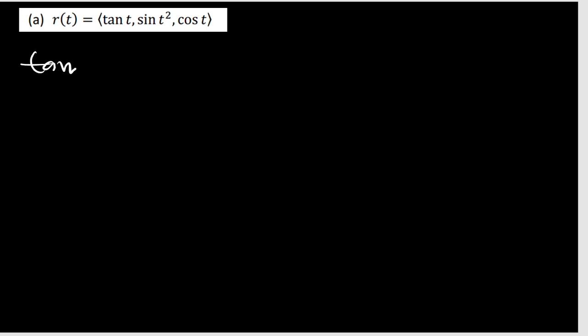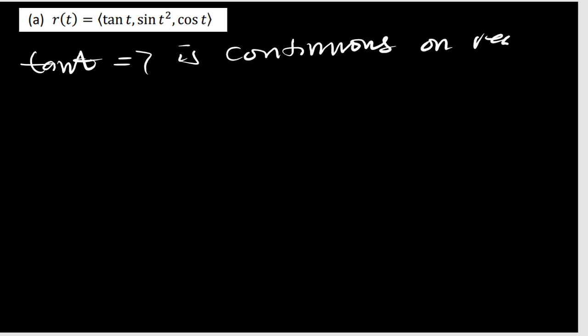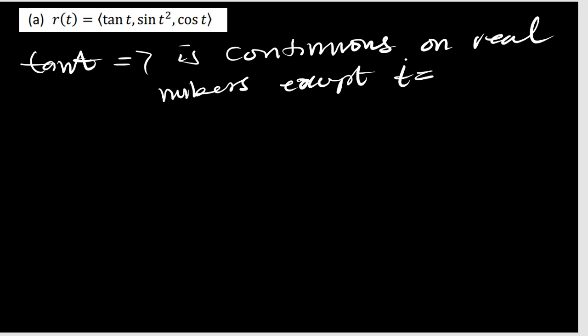Tan t is continuous on all real numbers except t is equal to 2n plus or minus 1 multiplying pi over 2, where our n is equal to 0, 1, 2, 3, etc.